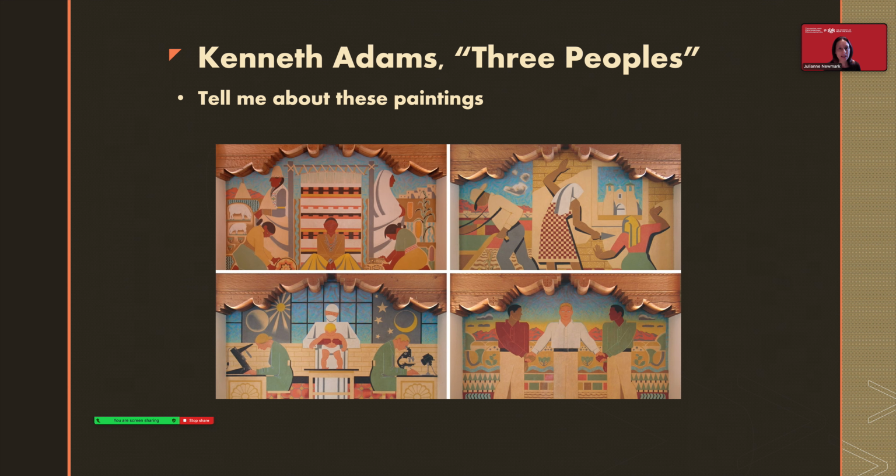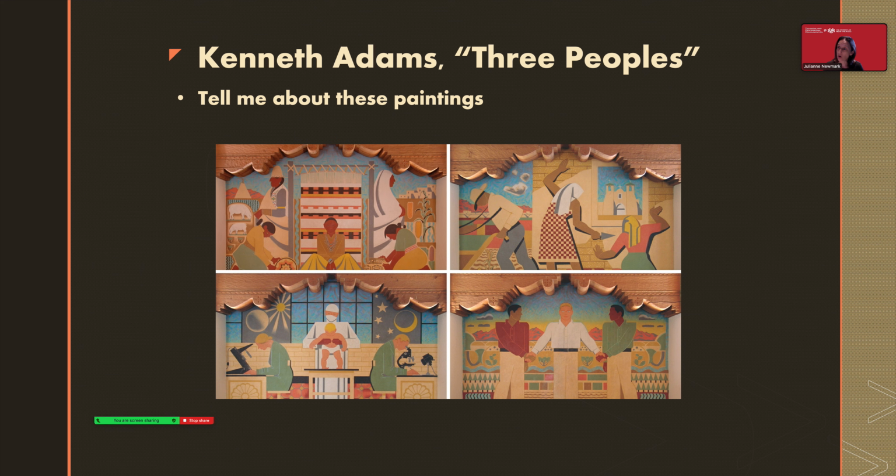So this is Kenneth Adams's mural, The Three Peoples. I would love for us to have a conversation if we were all together in person about these paintings. I'm wondering if you're familiar with these. If you're not, please take a little note and look up the controversy surrounding these paintings.